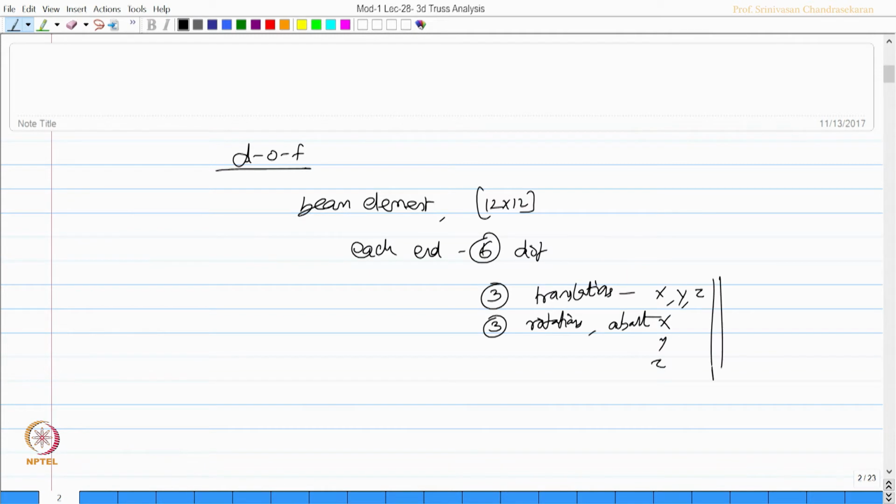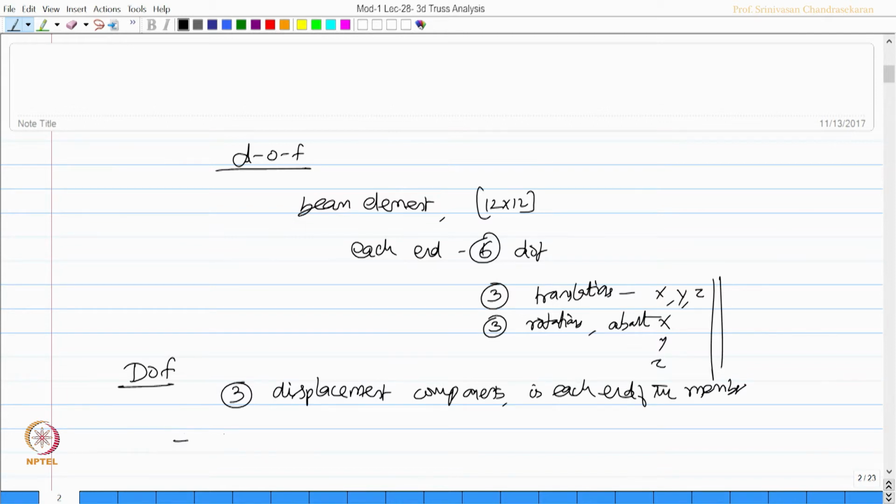We had 6. Since we have made spherical hinges at both the ends, the degrees of freedom are now restrained to 3 displacement components in each end of the member.